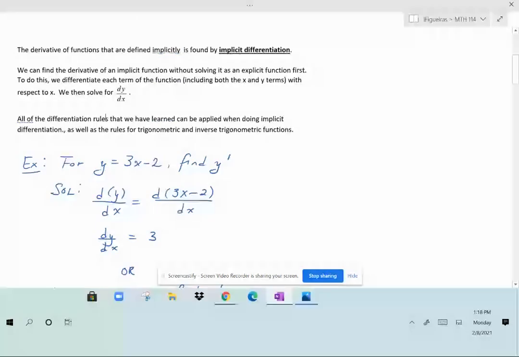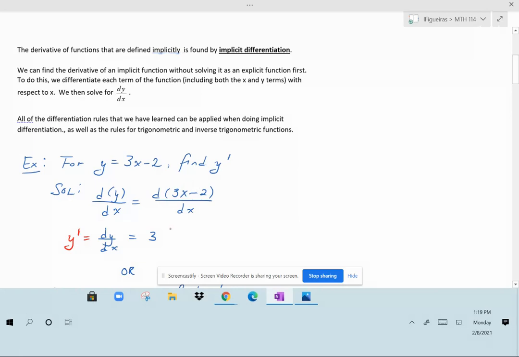First, let's remind ourselves, if I wanted to take the derivative of this explicitly defined function, the reason why my y turns into y prime or dy dx is because I'm taking the derivative of y with respect to x. And on the right side, when I take the derivative of 3x minus 2 with respect to x, I'm really just applying my rules.